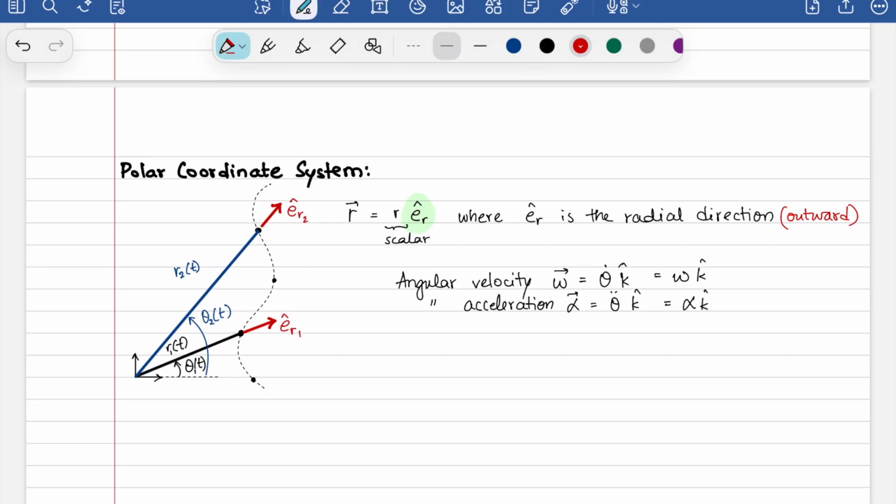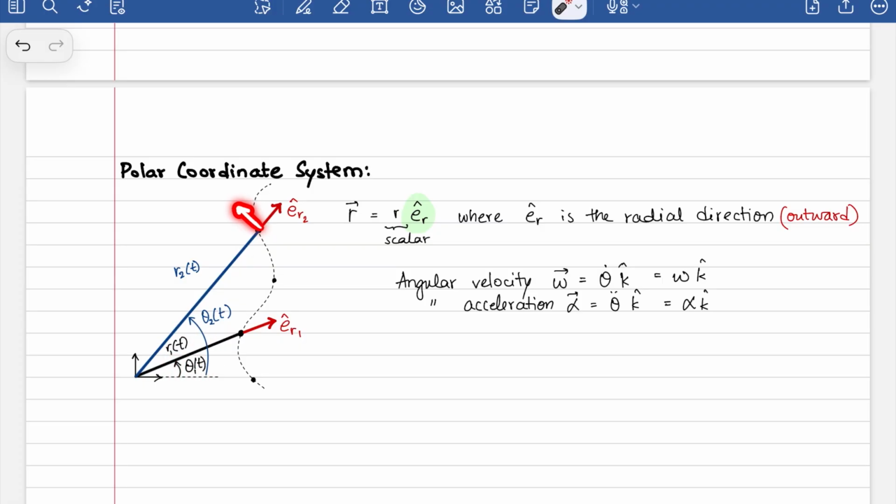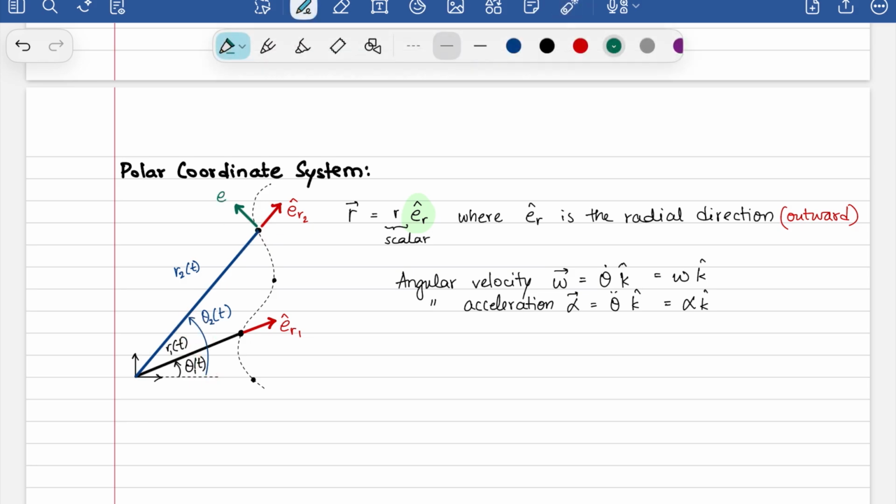Okay. The polar coordinate system uses another unit vector that is e_theta hat, which is in the direction of increasing theta. So theta is increasing in this direction, right? So wherever you are, you have a perpendicular direction that could be either this way or this way. You choose the one in the direction of increasing theta, which would be this one. So this here is e_theta hat 2.